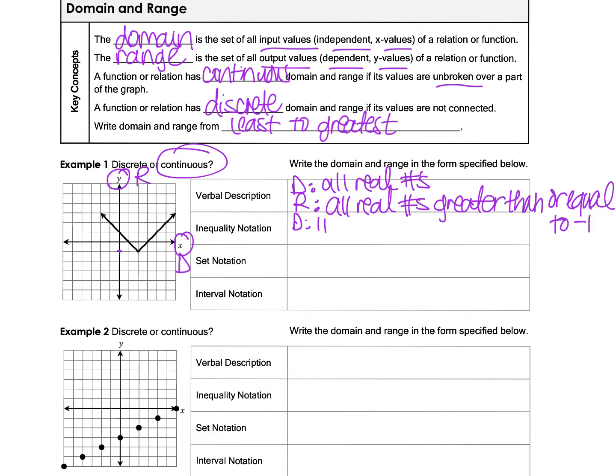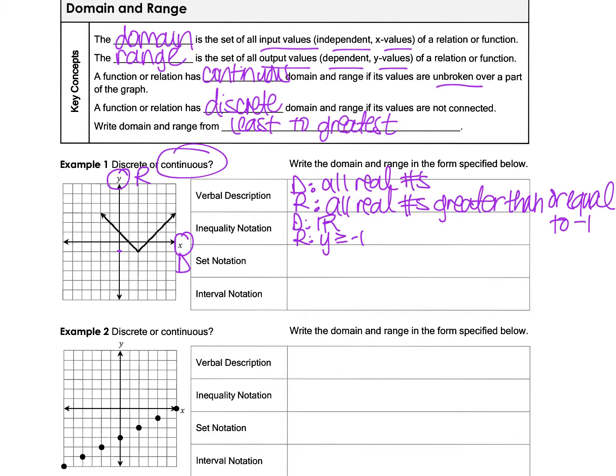It's 2 vertical lines and then connect the R. That's the all real numbers symbol. And then your range, we wrote it as a verbal description of all real numbers greater than or equal to -1. So we would have y is greater than or equal to -1. That's inequality notation using your inequality sign. We didn't have to use that on domain because it was all real numbers.